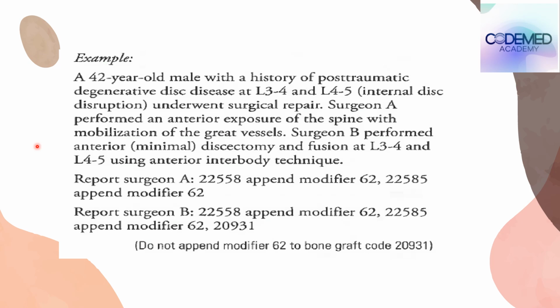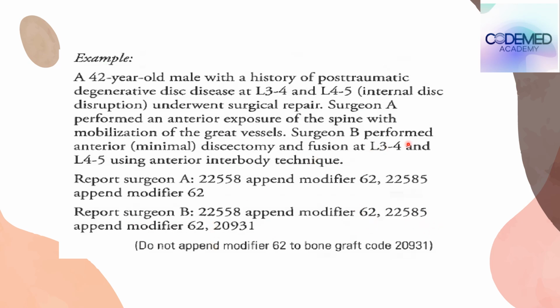So in this case, surgeon A will write 22558 and append a modifier 62, 22585 and append a modifier 62, and surgeon B also will write 22558 append a modifier 62, 22585 append a modifier 62.